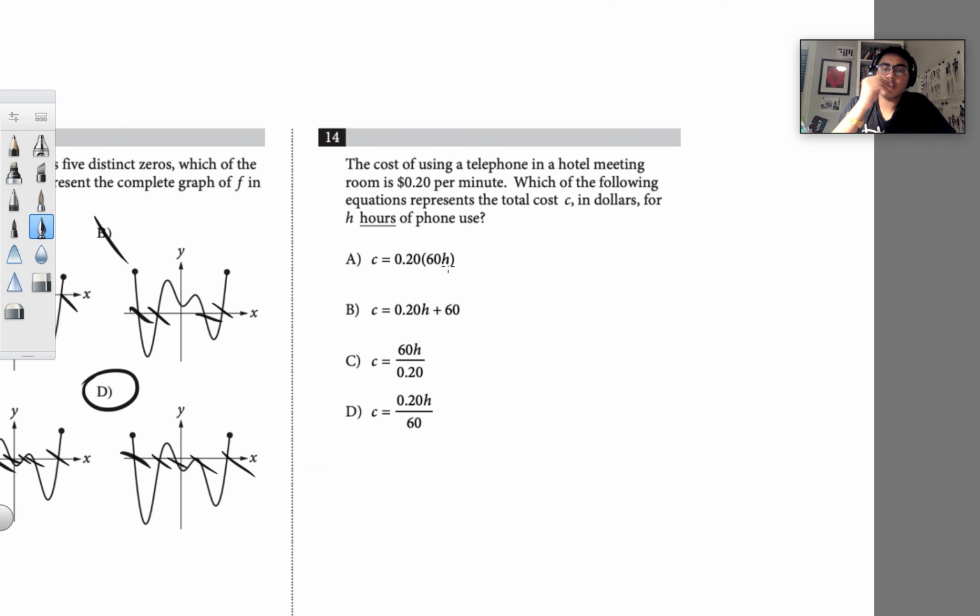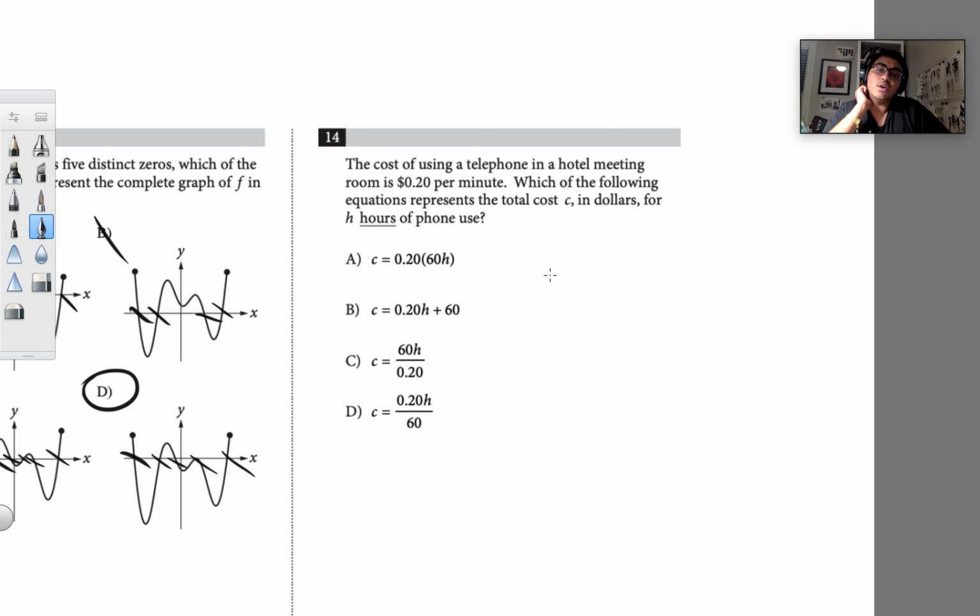Okay, the cost of using a telephone in a hotel meeting is 0.2 or 20 cents per minute. Which of the following equations represents the total cost C for H hours of phone use?